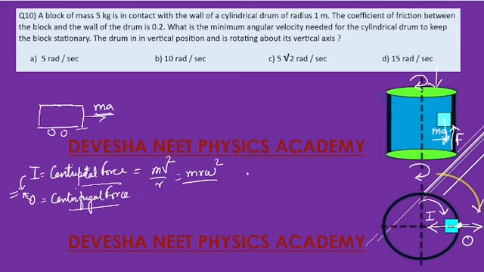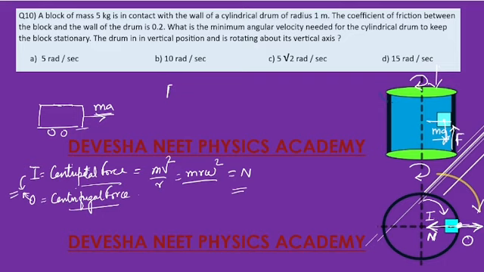So if you look at this block, this is the centripetal force, and the centrifugal force will act like this. And this is the normal reaction N, which will be the same as this. Now, what will be the friction force then? There is a friction force acting on this.